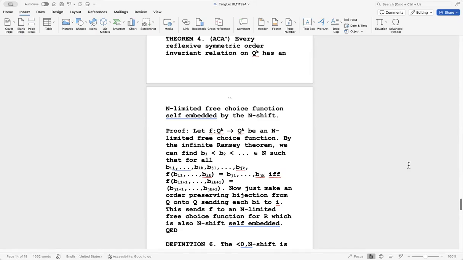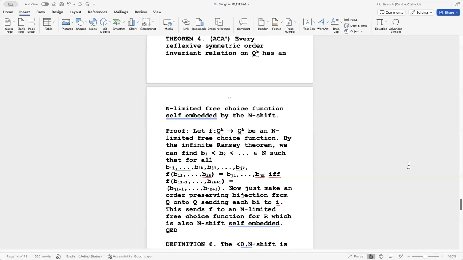We find increasing natural numbers such that they are basically indiscernibles for the function. This comes from being indiscernibles. This is a special case of infinite Ramsey's theorem.